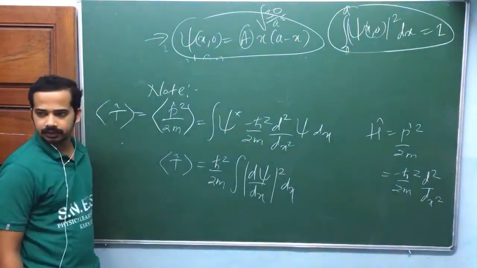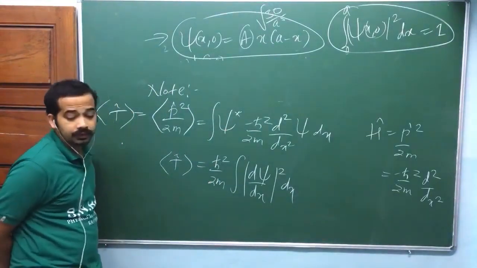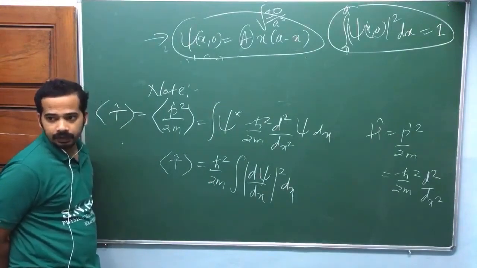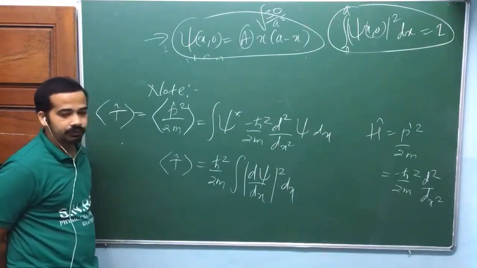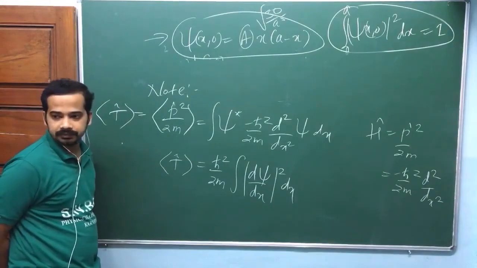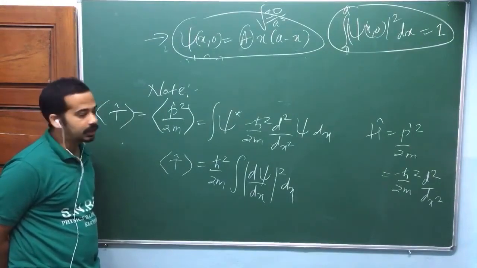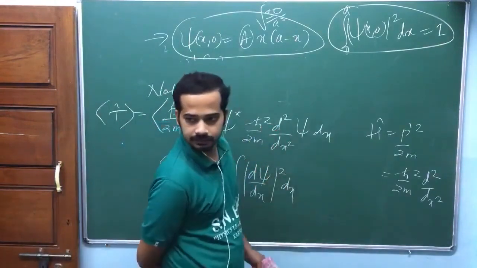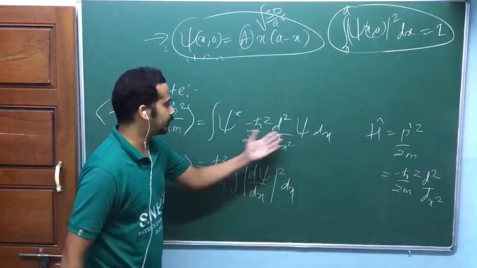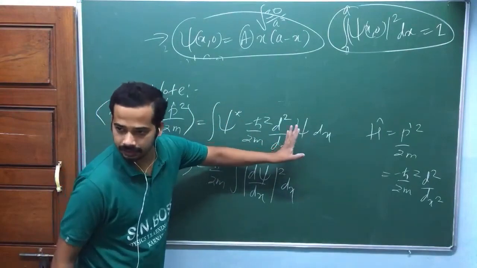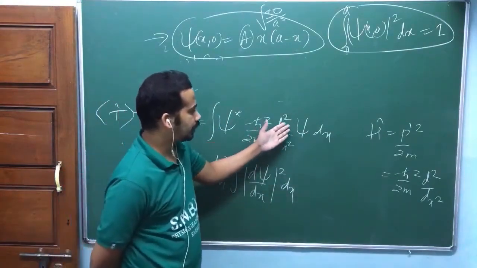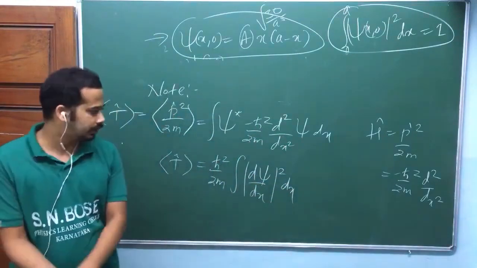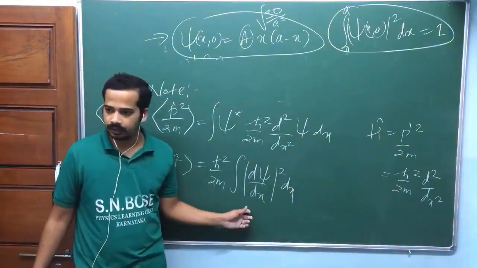It matters because some function, I'll tell you in problem number 2.7, will have a first derivative discontinuity, and the second derivative will not exist at all. Here you need to take the second derivative of psi, where psi is some general state, not psi n. The second derivative may not be possible, and you may need to go for some Dirac delta kind of thing. But in that case, you can use this one. Are you getting my point?